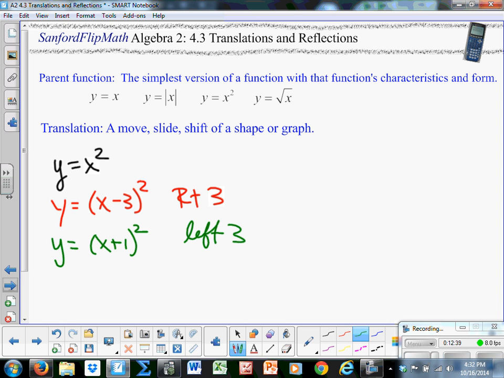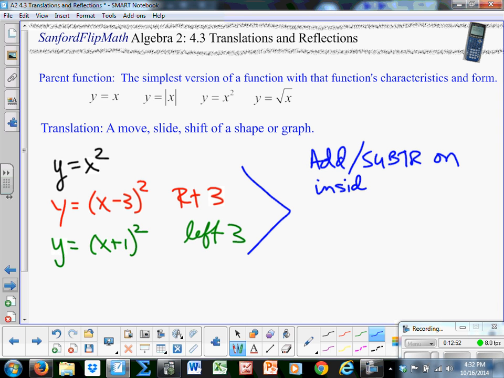Okay, so here's the big takeaway on this. Addition or subtraction on the inside of a function, like inside the squaring of an equation, moves the graph left or right. Big note here.